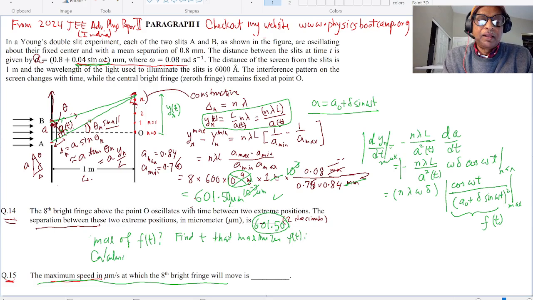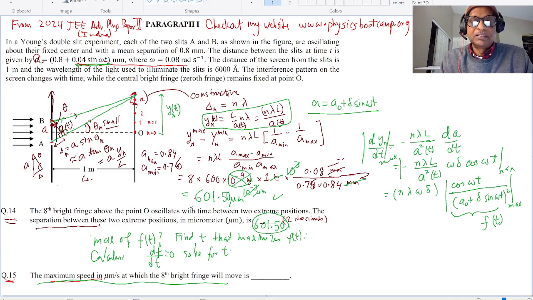And I'm just going to do the presentation, but I'm going to do what probably was intended in the test. The calculus one: you say df dt equal to 0, solve for t.